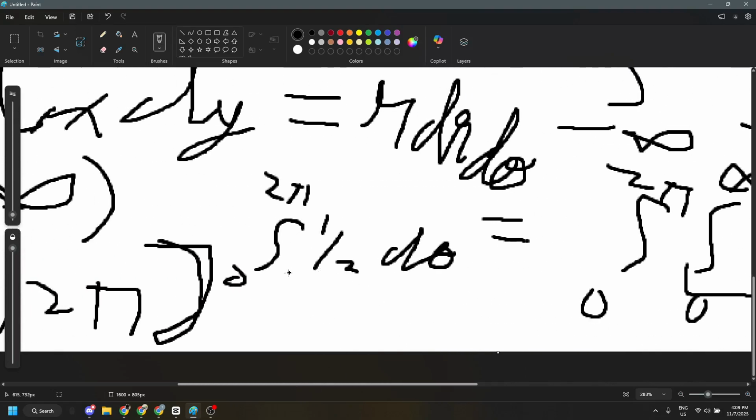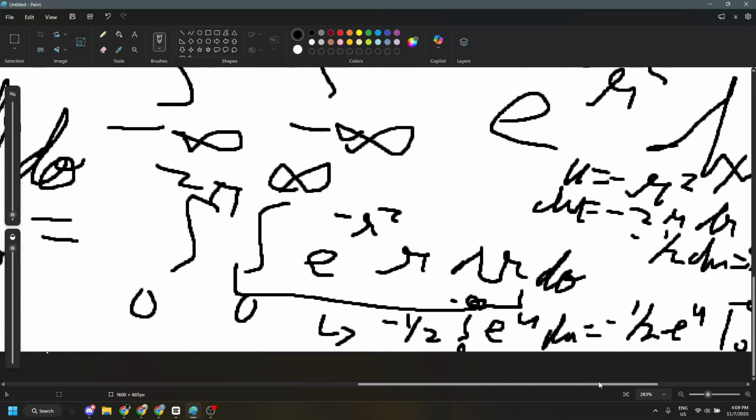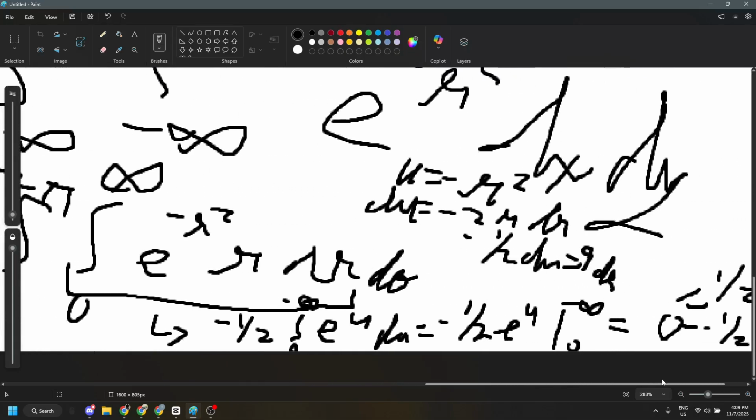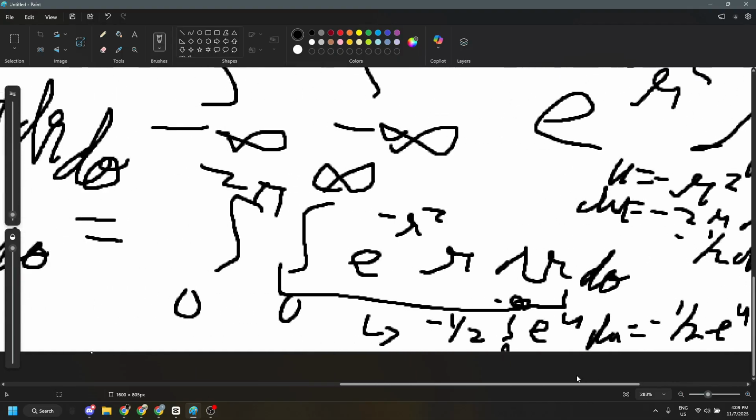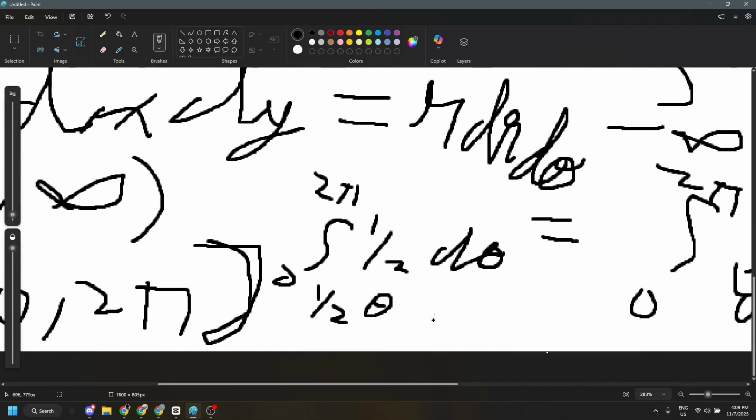I don't think so. So that's just 1/2 theta from 0 to 2 pi, which is equal to pi minus 0.